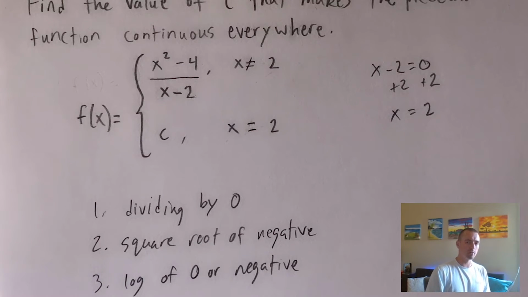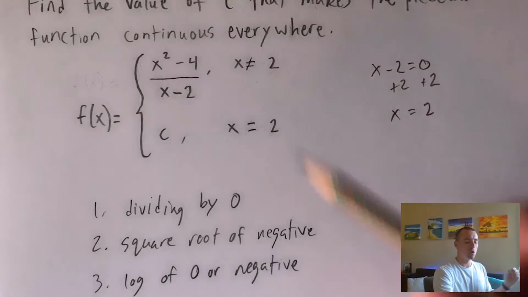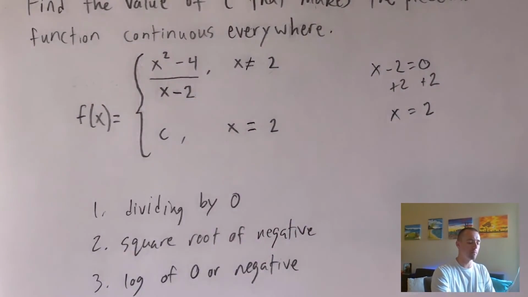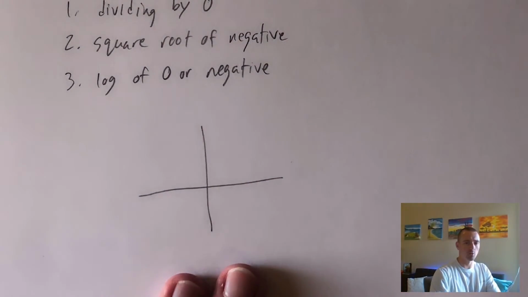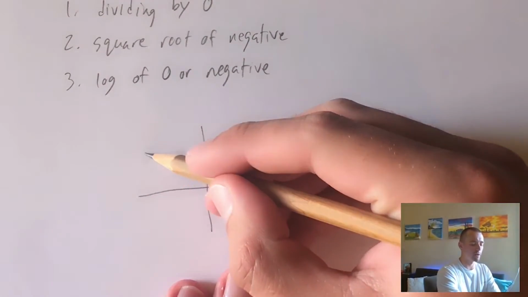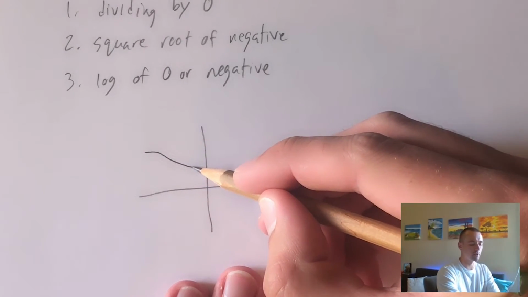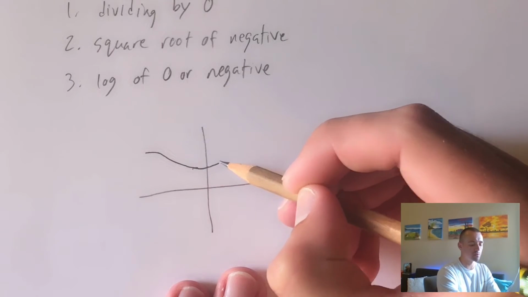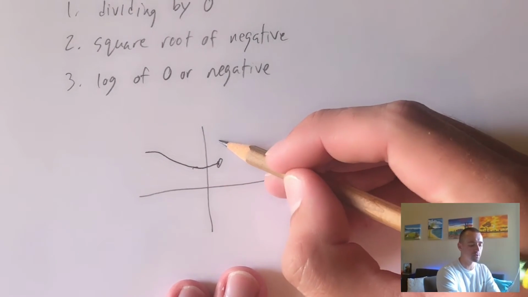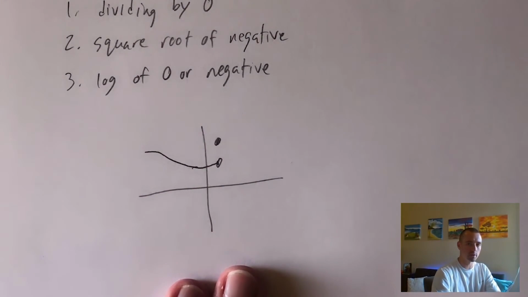However, now what we need to figure out is making sure that our function is continuous when we switch from one domain to the other. Imagine you have some function, and this is not necessarily what this piecewise function is going to look like, but imagine you're coming along from negative infinity on the left, and then you get to this point where you're now switching to some other function which is defined in another place.